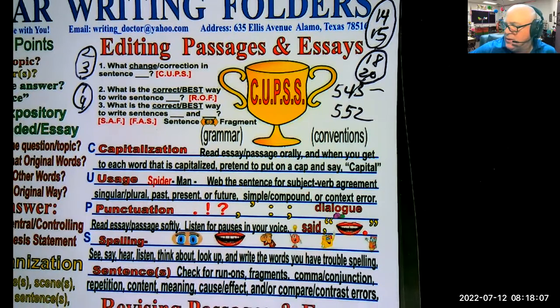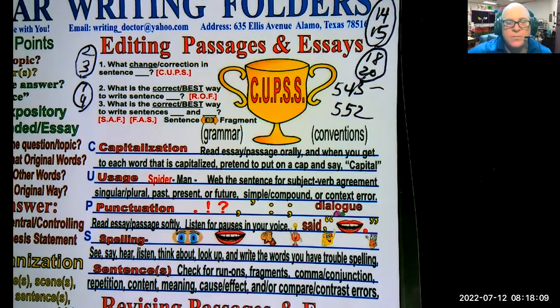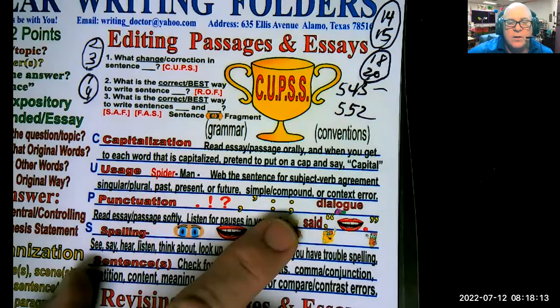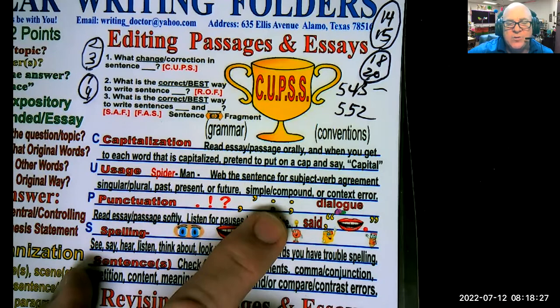The only thing that I will tell you is that they tend to focus more on colons and semicolons in secondary, but it wouldn't hurt to expose your elementary students to that when they're reading, so they can make those connections.